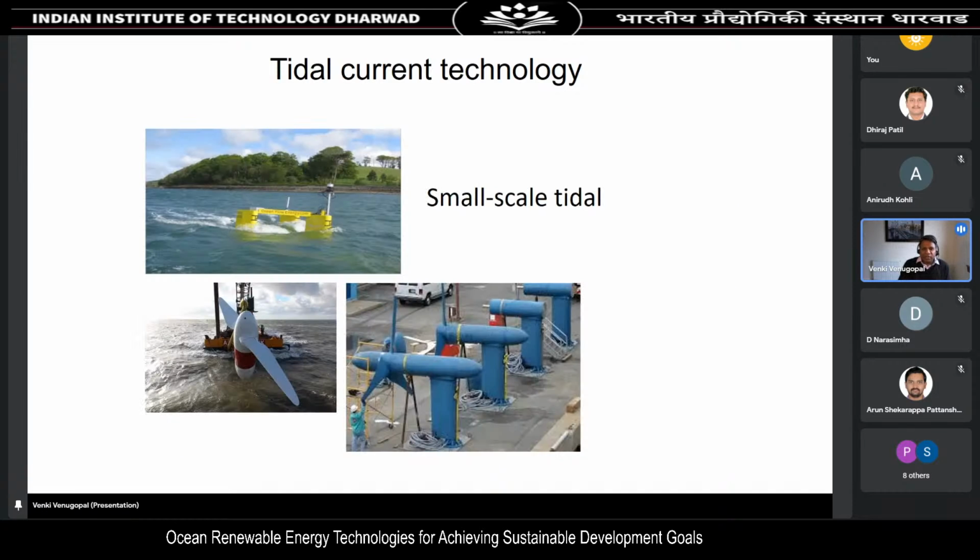And there are also small scale turbines developed for river applications. One of them is shown here, the Tucano turbine.